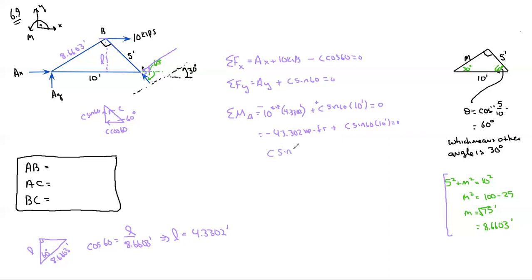C times the sine of 60 times 10 is equal to 43.302 kip feet. I divide both sides by sine of 60 times 10, and we get that C is equal to 5 kips. Go ahead and fill that in.